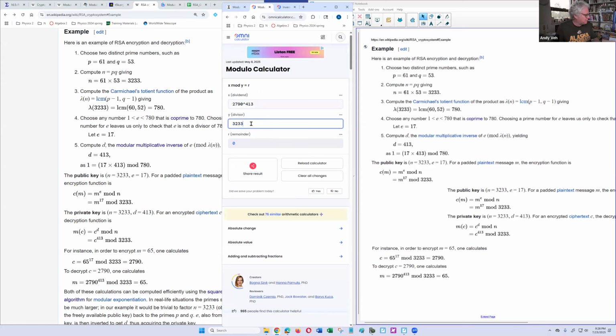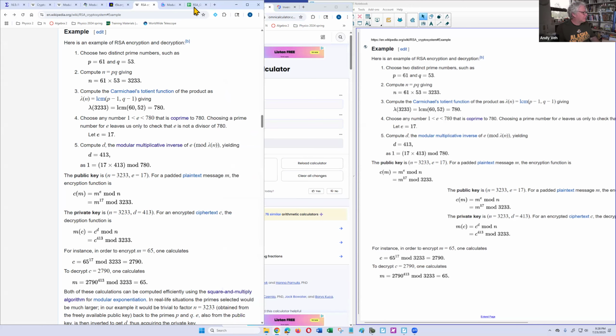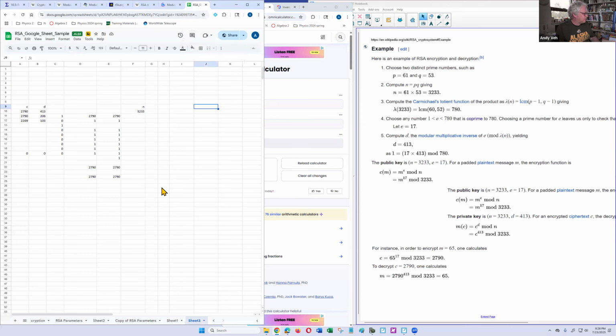So there it is. And note the remainder is not 0. Even this calculator cannot do it. So I looked at the algorithm and the way that modular arithmetic works, and I was able to do it in Excel or Google Sheets, and it's not too hard. There's that 2,790, which is my encrypted message, which I have to decrypt.